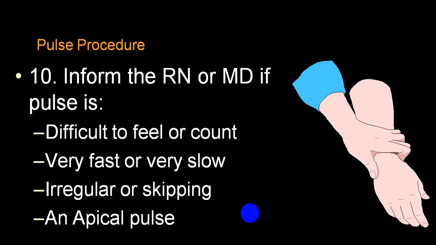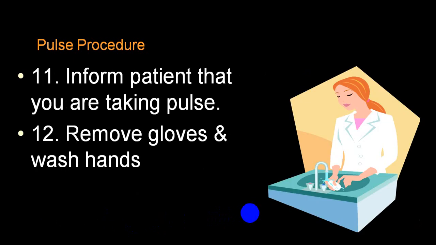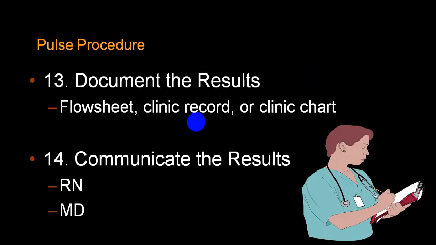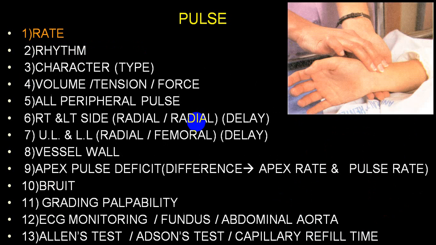All those findings you should mention on paper and it should be recorded. And after finishing the examination of the pulse, remove the gloves, wash your hands, and you can transfer the documents, what you have mentioned, to your senior, to the doctor in charge.